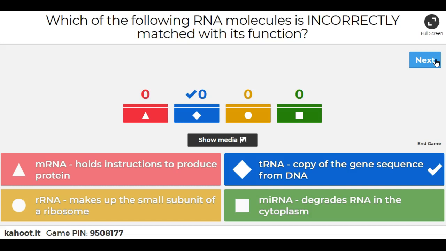Remember, tRNA brings an amino acid to the ribosome. Now, the answer that is in green, miRNA, that should have said siRNA. So if you selected that, good for you. I have that incorrectly matched. But hopefully you recognize that the tRNA was also incorrect.